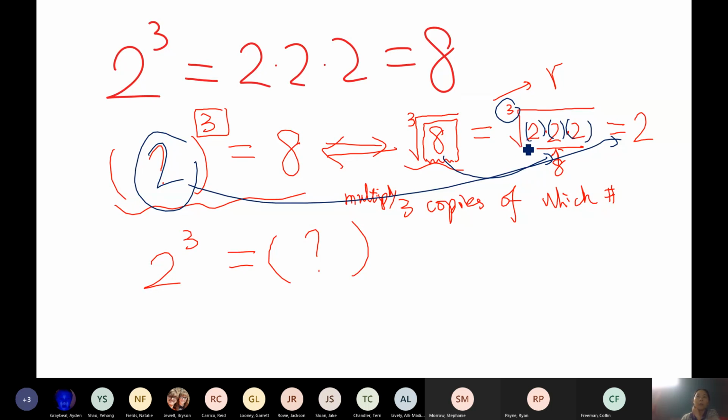If you can find 3 copies of anything, that is the answer. As you can see, it's 3 copies of 2. When you take them out, you're not going to get 8 anymore. Remember, we only need the base because this 3 is already there, so you write down only 1 copy of 2, not 3 copies. When you take 3 copies of 2 out of the third root, you get a single copy.